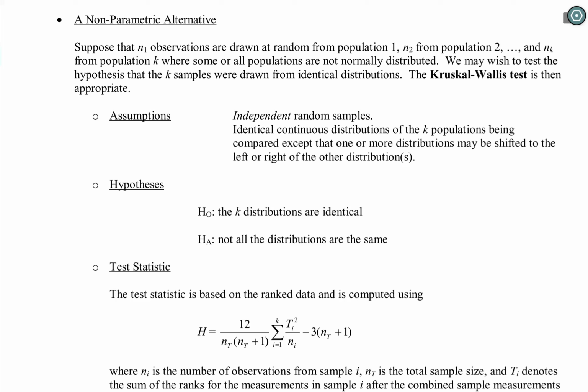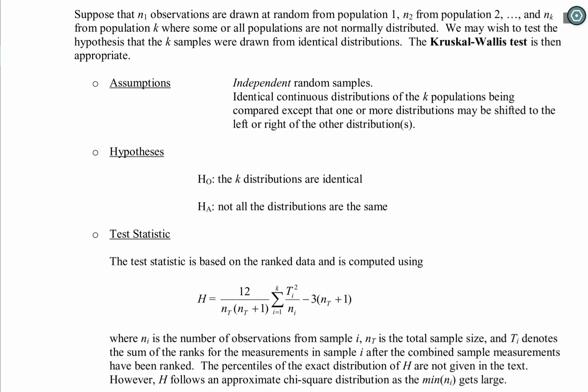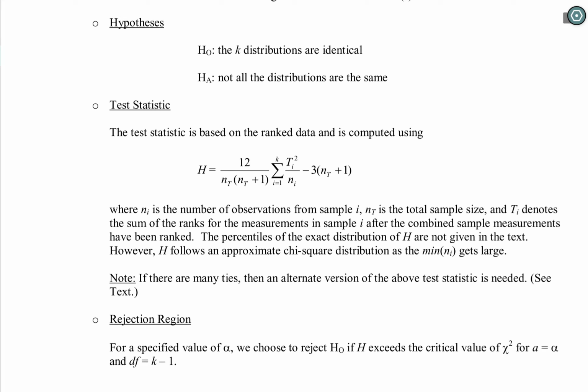The Kruskal-Wallis test requires independent random samples, and identical continuous distributions of several populations, the same except they may be different by a shift to the left or to the right of each other. The null hypothesis is that all the distributions are identical, and the alternative is that not all of them are the same.